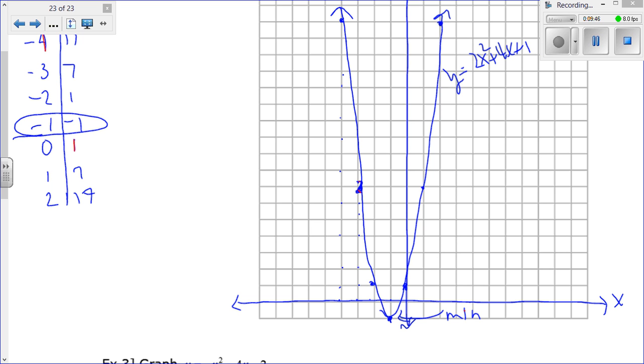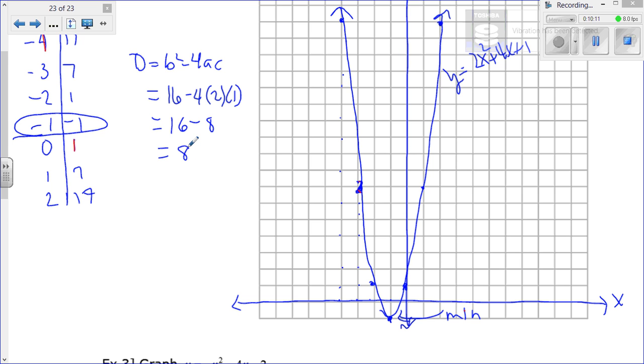And to find the discriminant again, b squared, b is 4, so it's 16, minus 4 times a is 2, and c is 1. So I'll have 16 minus 8, which is 8.